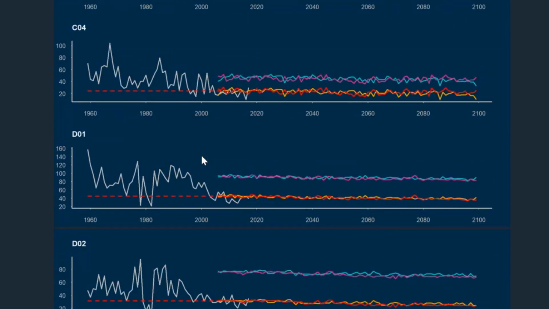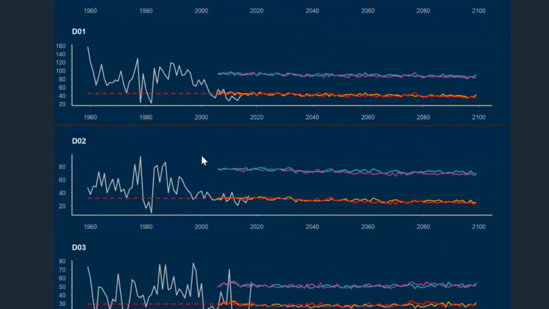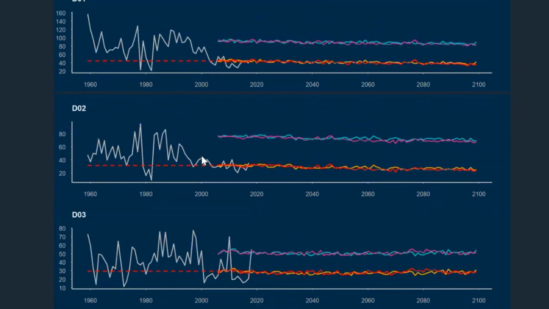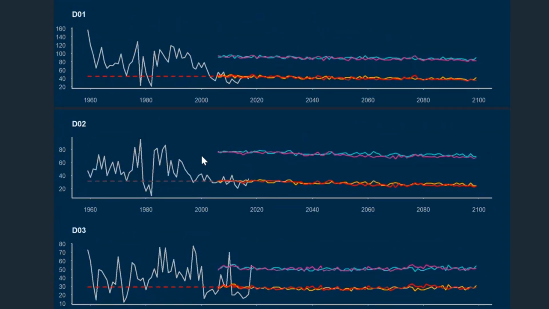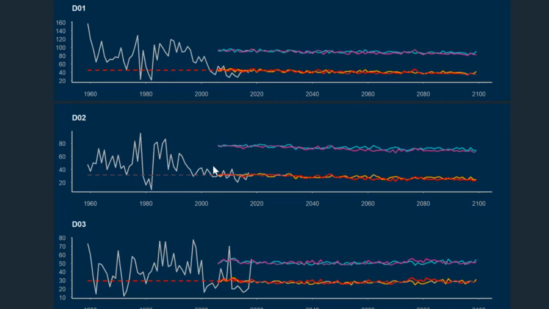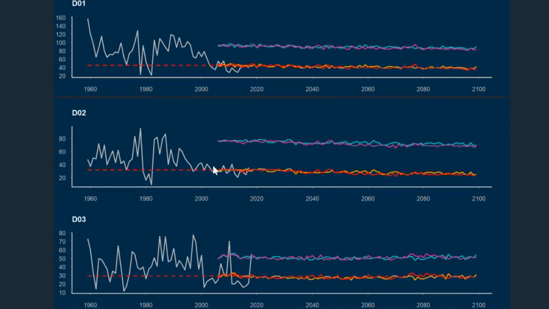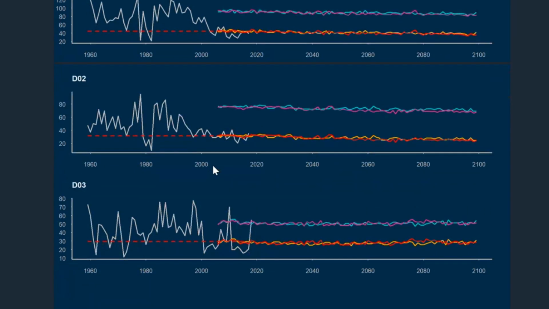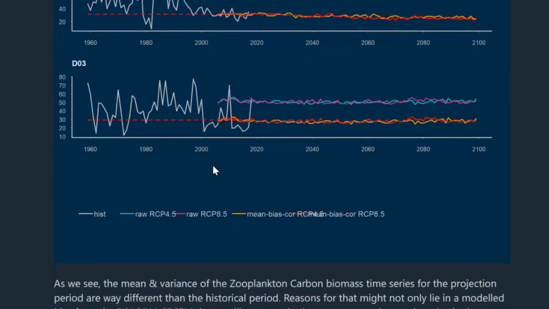And it might be that this continues also in the future. I'm not really familiar with what happened there. I need to read the literature, but it might be also related to the regime shift in the North Sea and specific zooplankton species declining, so that also the general zooplankton carbon declined.